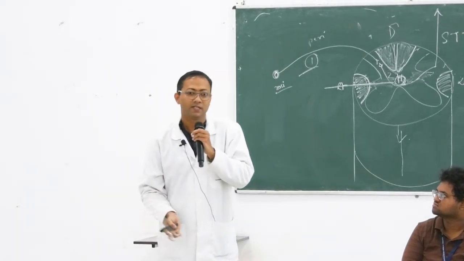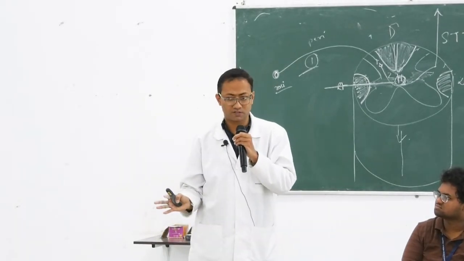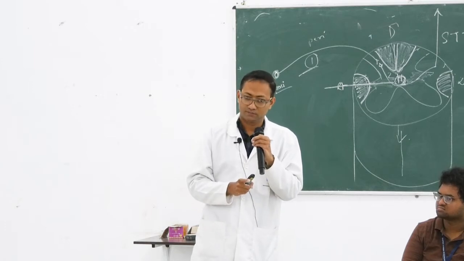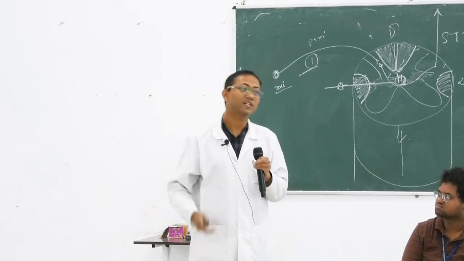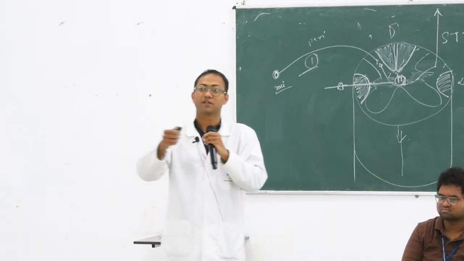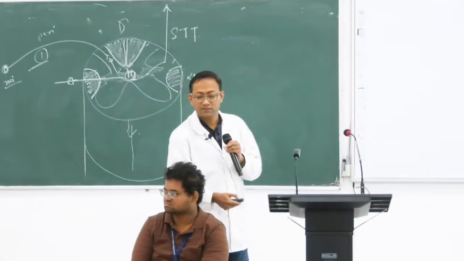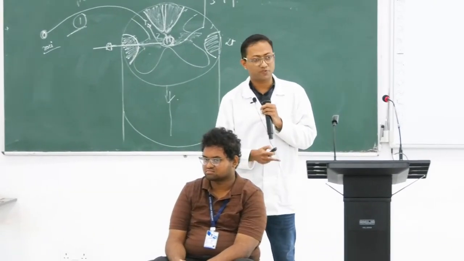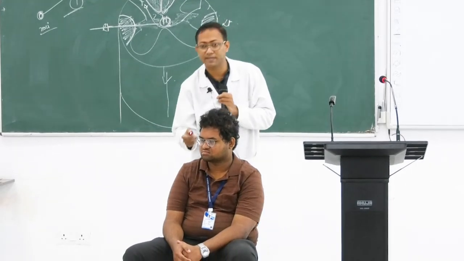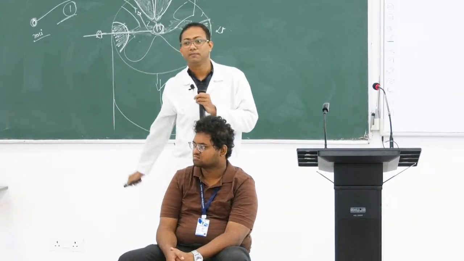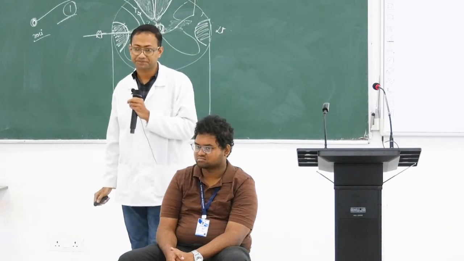On the same side there will be dorsal column loss, and on the opposite side there will be STT sensation loss. Think carefully. Because the spinothalamic tract immediately crosses to the opposite side, right? And the dorsal column stays on the same side until it reaches the medulla, right?